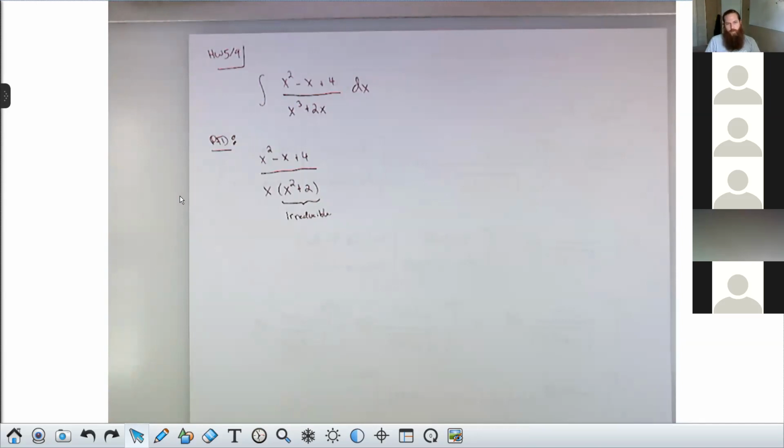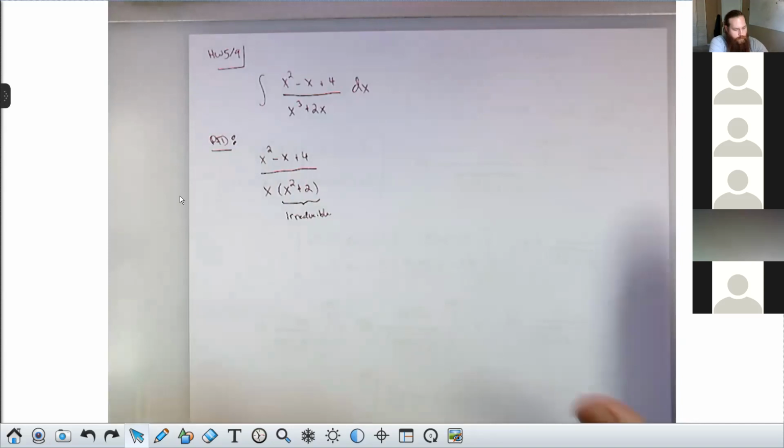So you could try to factor that and discover that it doesn't factor, or you could compute the discriminant, remember that b squared minus 4ac piece of the quadratic formula, and discover that that is negative. Or you could compute the roots using the quadratic formula and discover that the roots are plus and minus i times the square root of 2. They're not real numbers. Any one of those things would tell you that this piece is irreducible.